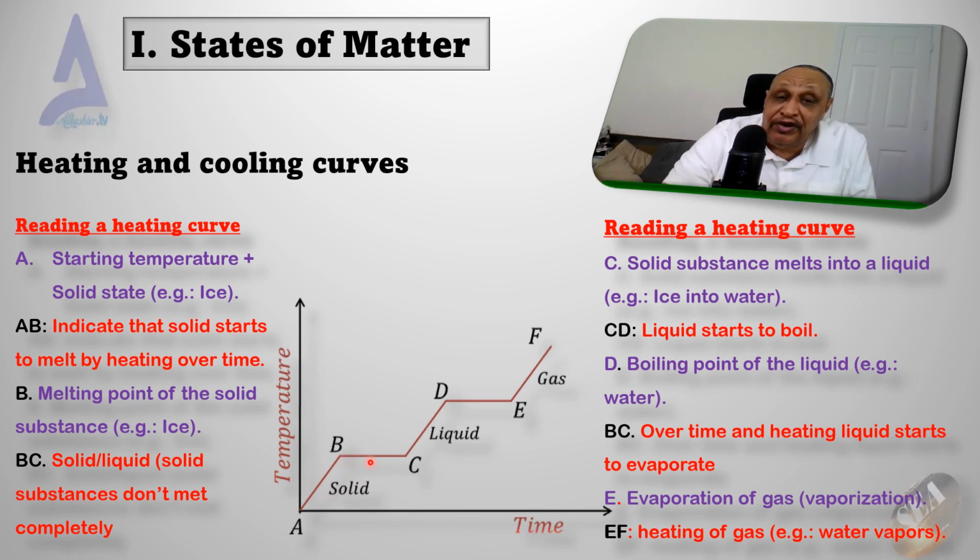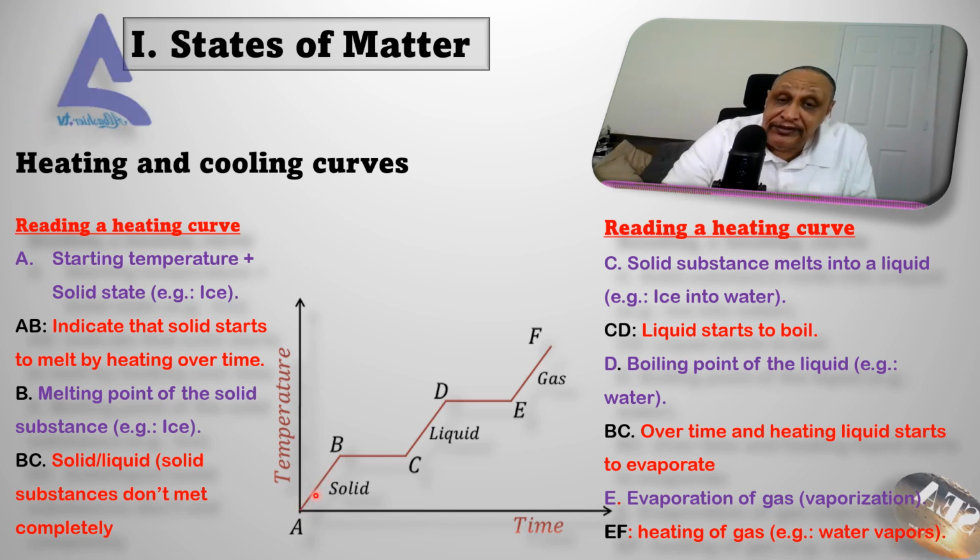The solid is going to keep melting, and here you are going to see some solid plus liquid, because some of the solid has been liquefied. Now, let us assume this solid is ice. So the ice, when you increase the temperature, is going to melt.